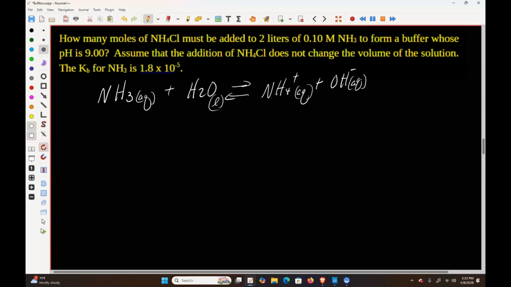My desired pH is going to be 9.00. My Kb is going to be equal to 1.8 times 10 to the negative 5.